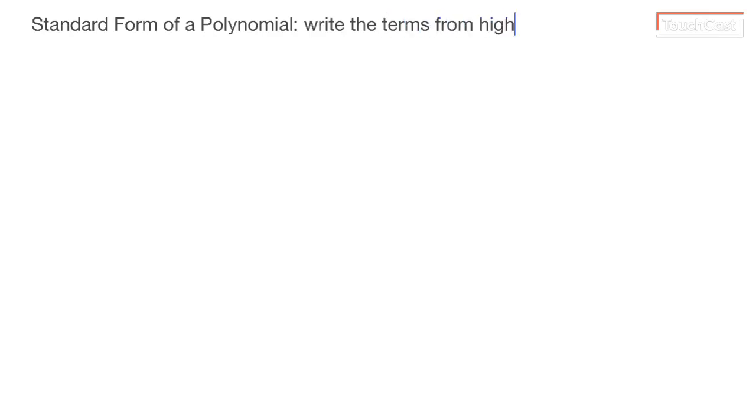The first of our next terms is going to be standard form of a polynomial. The standard form of a polynomial, what we do is we write the terms from highest degree to lowest degree.